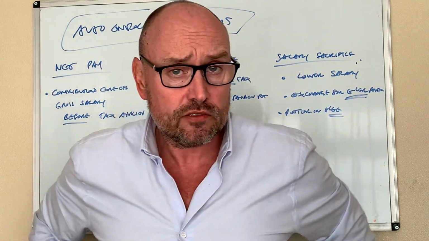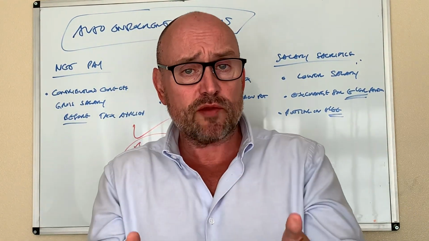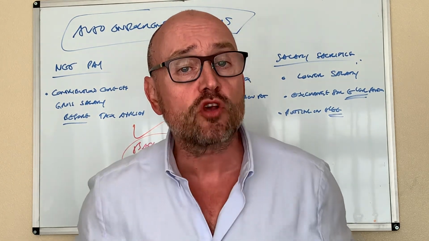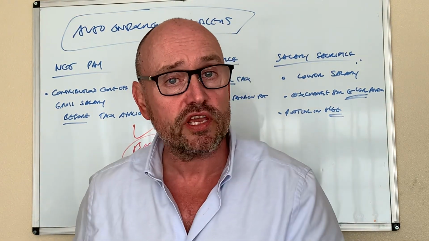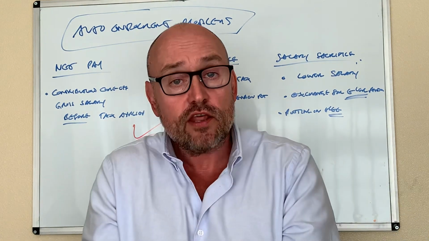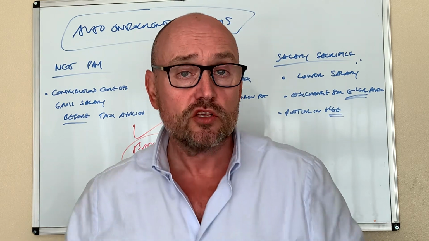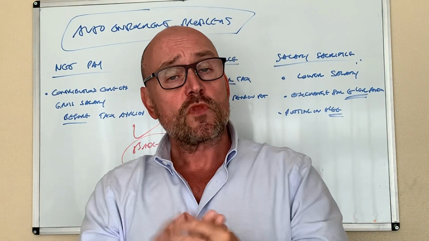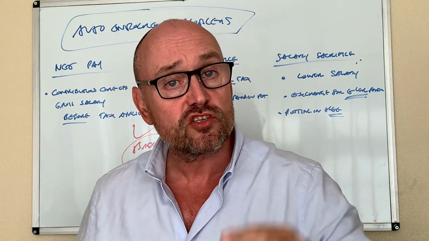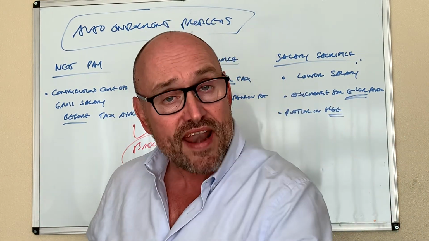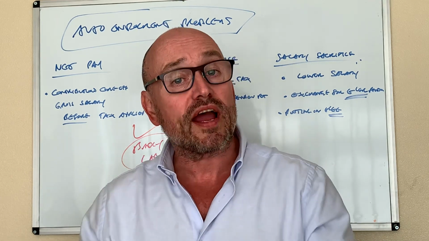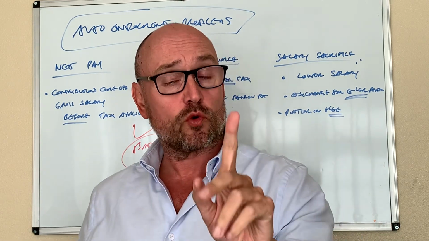And it basically means that the contribution that you make as the employee comes off your gross salary before tax is applied, and then you end up with your net pay. So you've got your gross salary, your contributions for your auto-enrolment pensions come off the salary, and then tax, PAYE, is applied to that amount. So that's the first one, net pay.